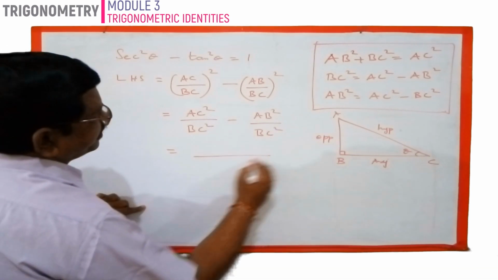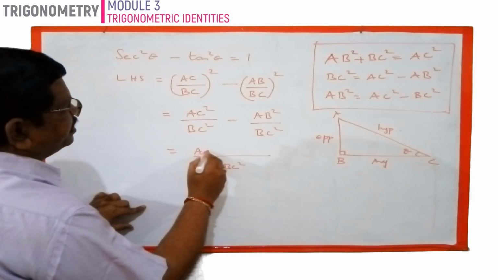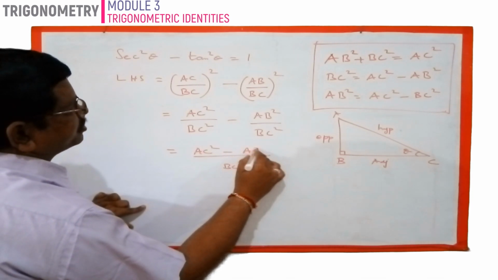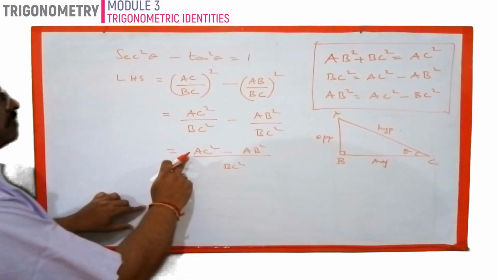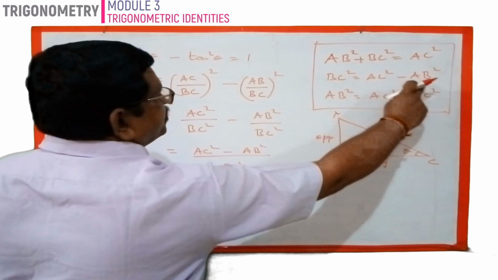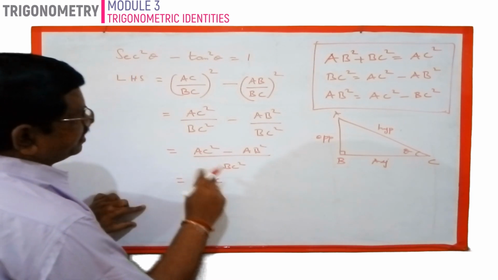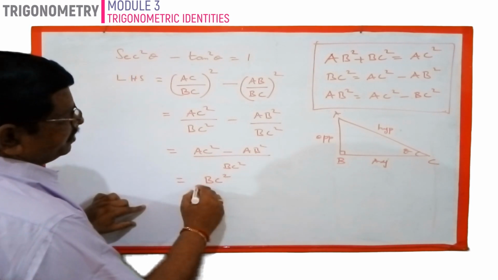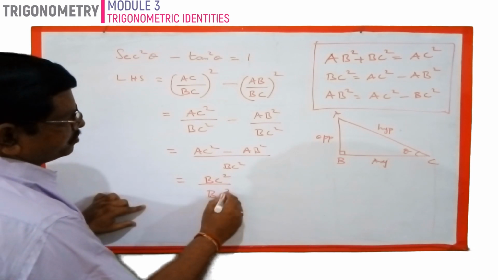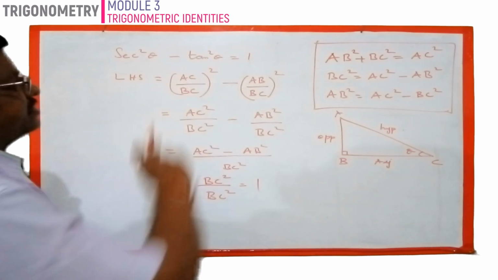Now here BC square is common, the denominator is BC square, the numerator is AC square minus AB square. Already the result is got: AC square minus AB square is nothing but BC square. So in place of the numerator, AC square minus AB square can be written as BC square, the denominator is also BC square, both will be cancelled, and you will get the result 1. So the left hand side and right hand side are equal.